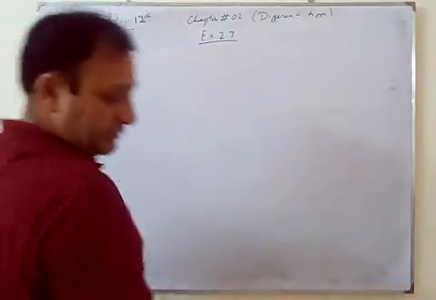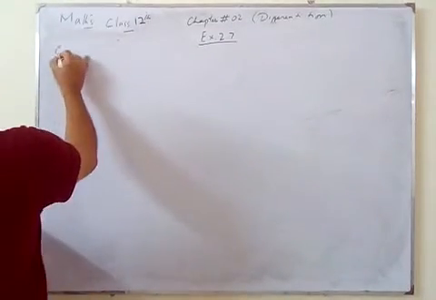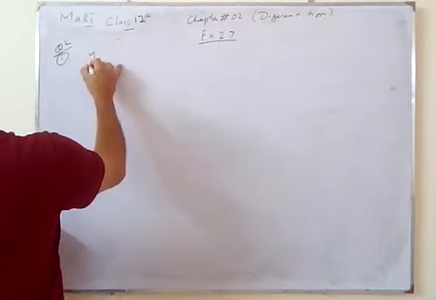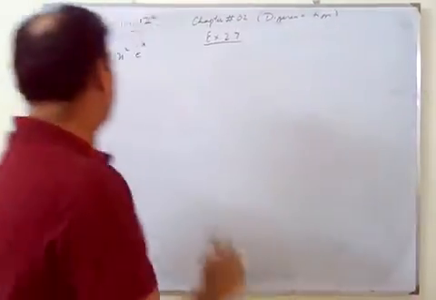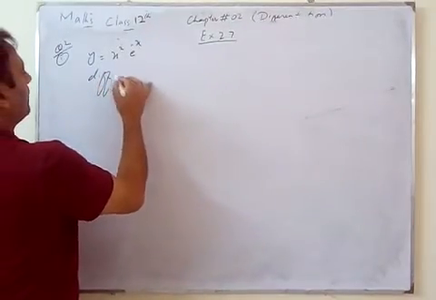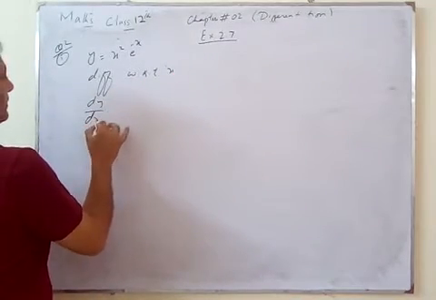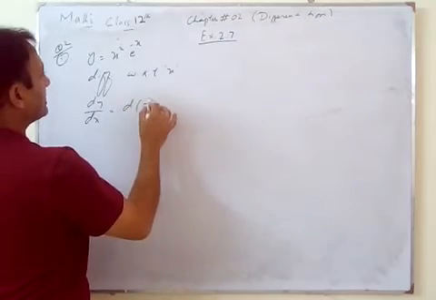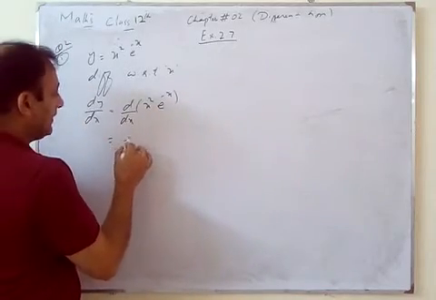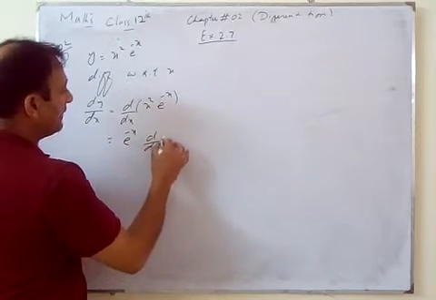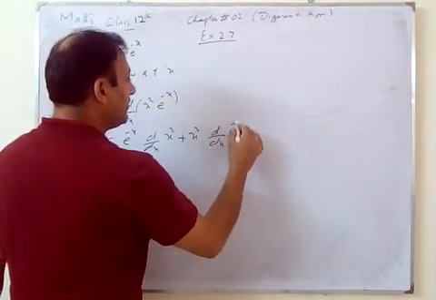I solve one or two more questions from this. Question number 2, part 1. y is equal to x square e power minus x. Same method, differentiate with respect to x. The derivative of x square e power minus x: e power minus x times the derivative of x square, plus x square times the derivative of e power minus x.